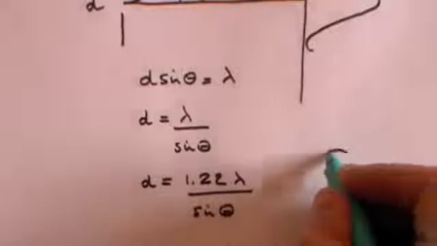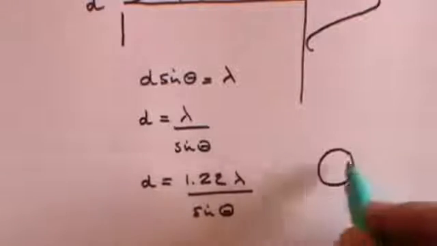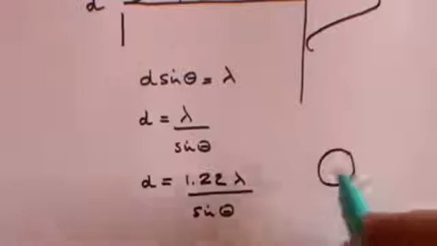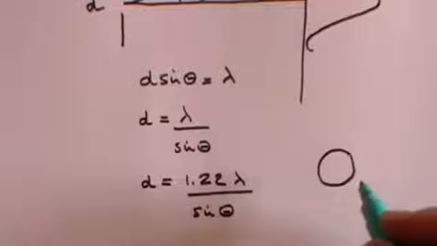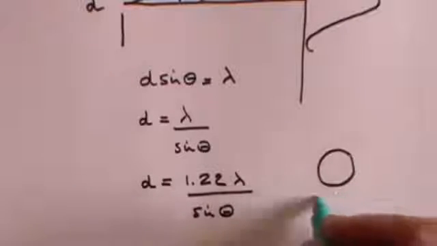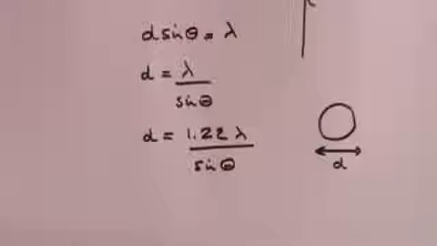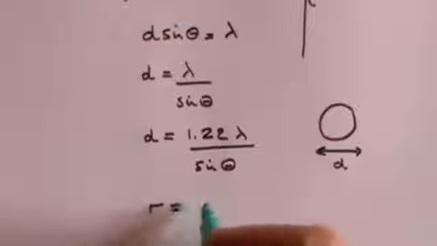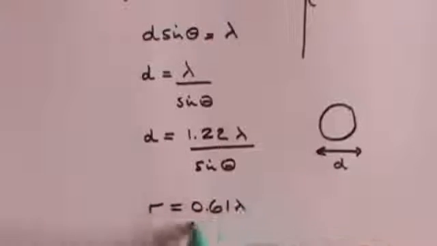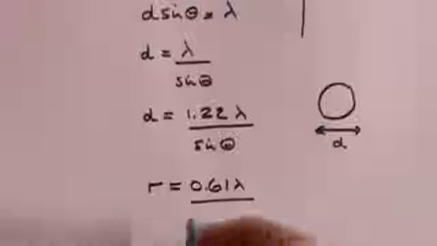In other words, here is the nucleus D, and that it behaves like, as it were, the circular aperture. And D is the diameter of that aperture. So the radius is going to be half that. So the radius would be 0.61 times lambda over sine of the angle.